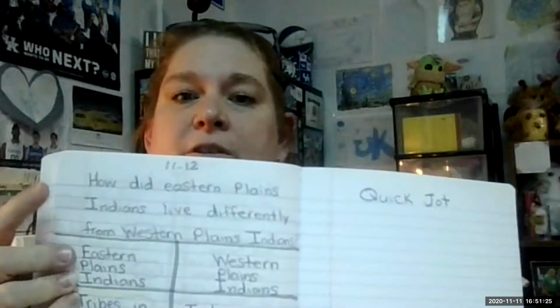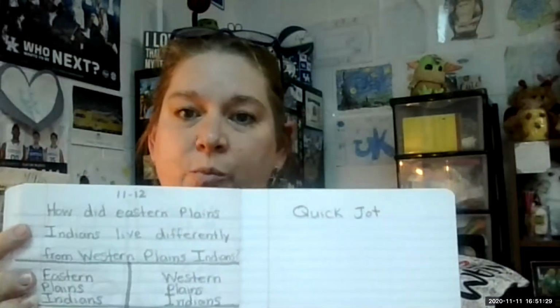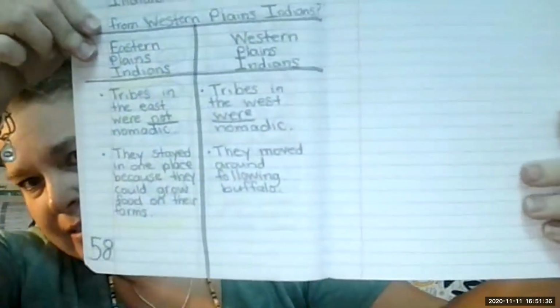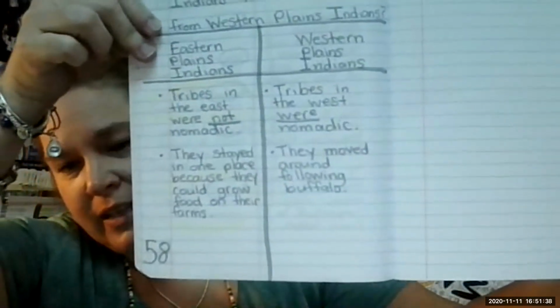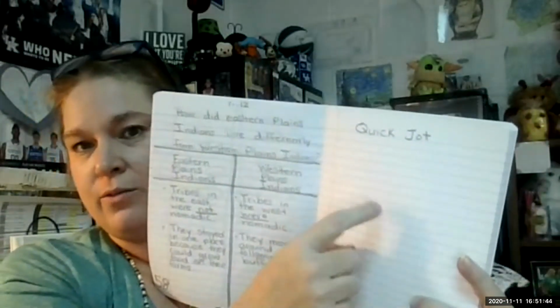And then on page 59, you're going to do a quick jot. You're going to answer this question. How did Eastern Plains Indians live differently from Western Plains Indians? Where are you going to get that information? Right there. It's already written on the chart on page 58. So you're going to use this information to answer this question right over here.